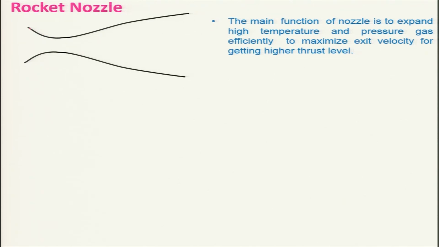If you look at it, it has a convergent duct. This is your convergent duct, and there is another region which will be the throat, having a minimum area, and then this portion is a divergent duct.